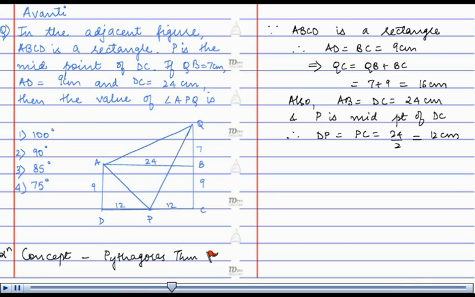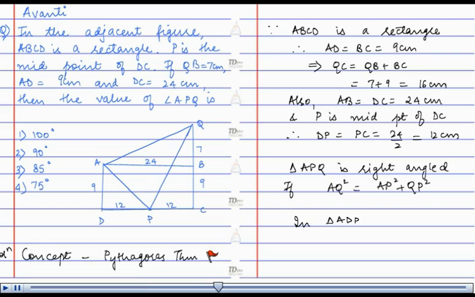Now, we will be able to say that triangle APQ is right angled if AQ square is equal to AP square plus QP square. Okay, now consider triangle ADP.